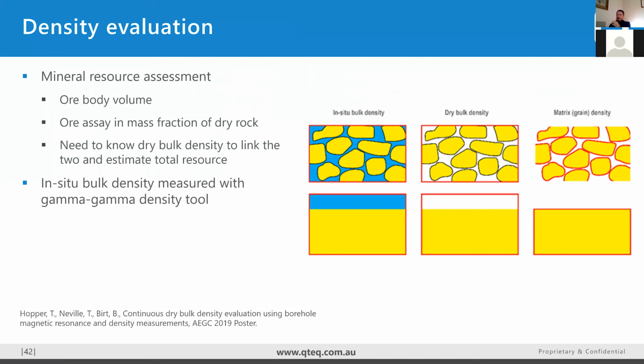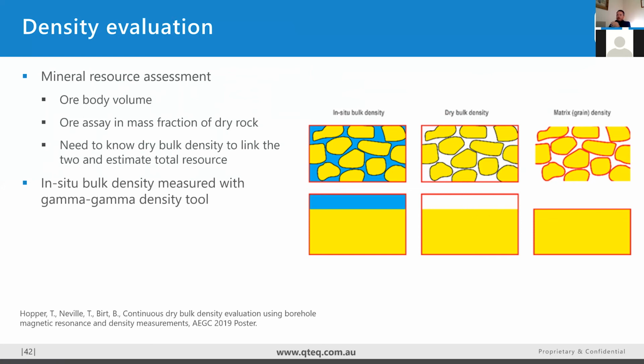Instead of using the equation to calculate density porosity, if you know the total porosity, you can back calculate the matrix density. The other bit of information that is nice to know is this dry bulk density.